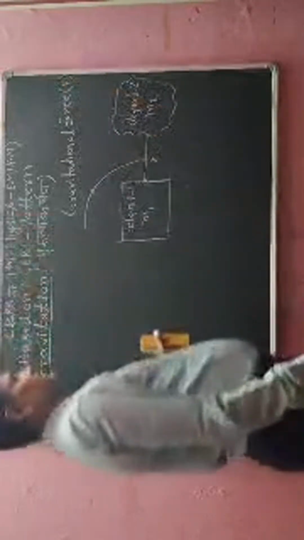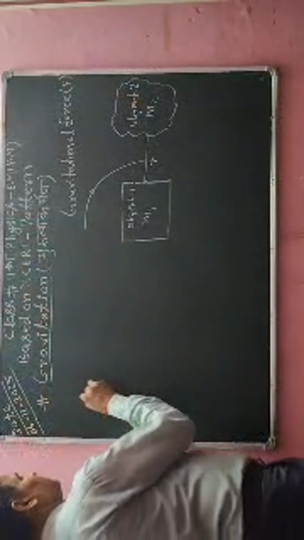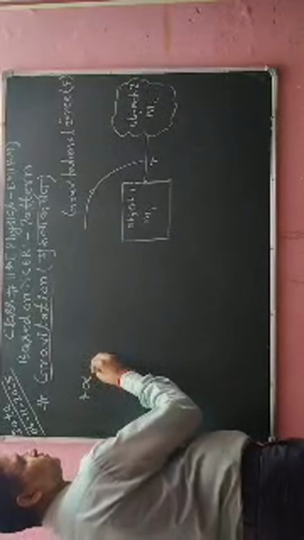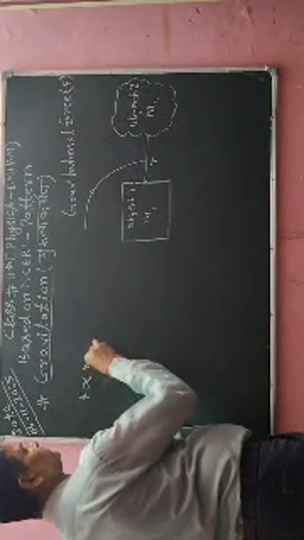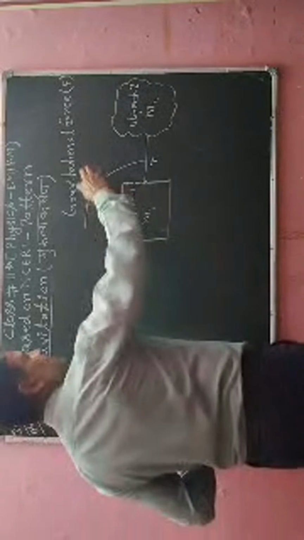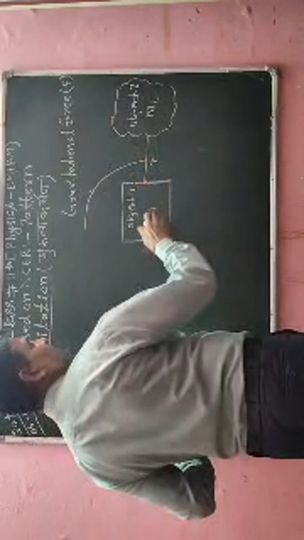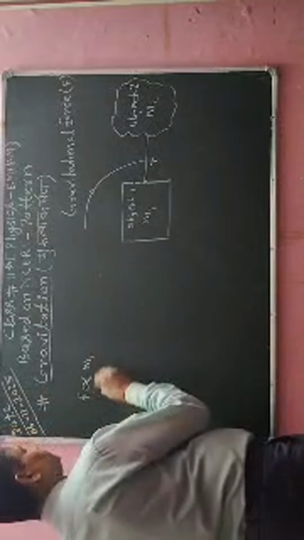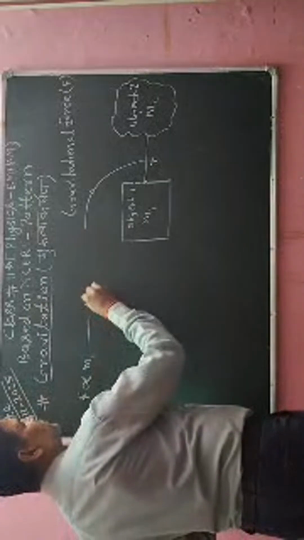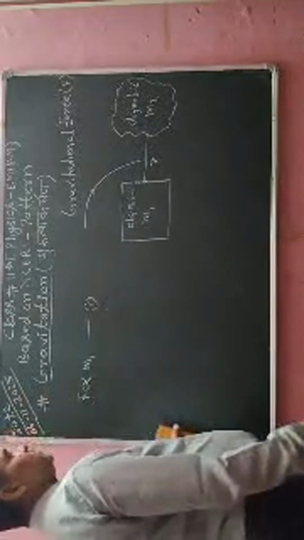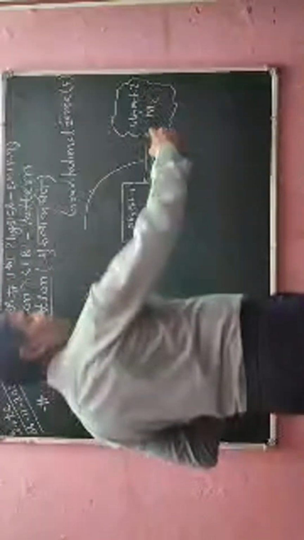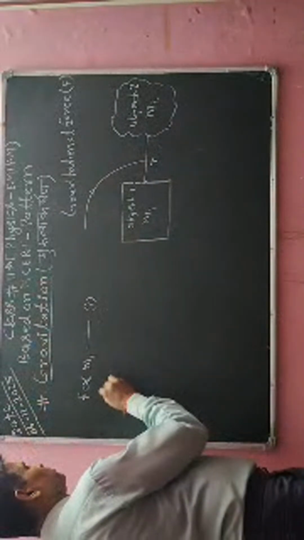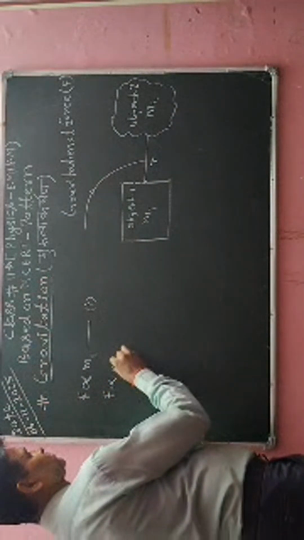Here I will explain about gravitational force, and that gravitational force is written with F. So F will be directly proportional to m1. This gravitational force will be directly proportional to m1, and I will say this is equation number 1. Similarly, for object 2, force F will also be directly proportional to m2.